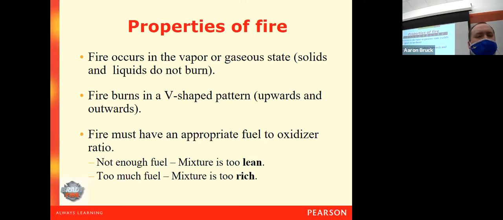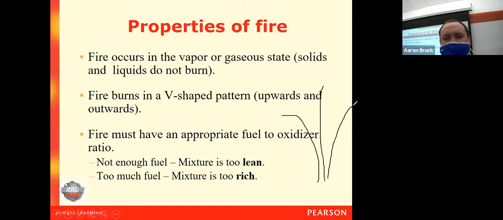Fires burn in a V-shaped pattern. Lyric had asked me earlier about the hottest part of the flame. Well, the reason that the flame creates that triangle shape has everything to do with convection. So we talked about convection earlier, the idea that heat rises.